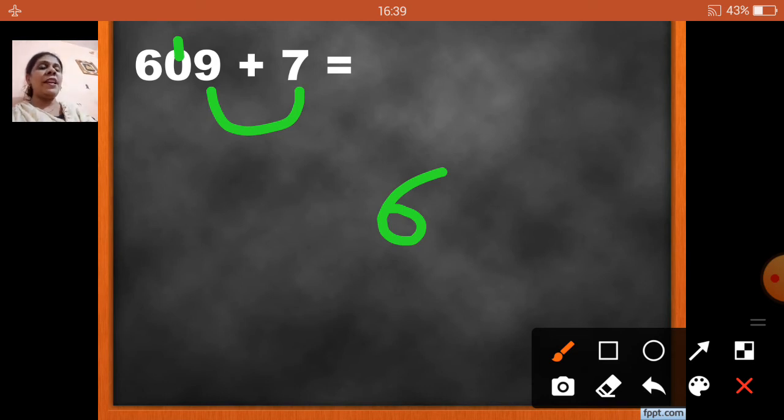But we are not having any number in tens place to add with. So, 0 plus 1 will be 1. Now, in hundreds place also we have only the number 6. So, we will consider the second number as 0 in hundreds place. So, 6 plus 0 will be 6. So, when we add 609 plus 7, we get our answer 616.